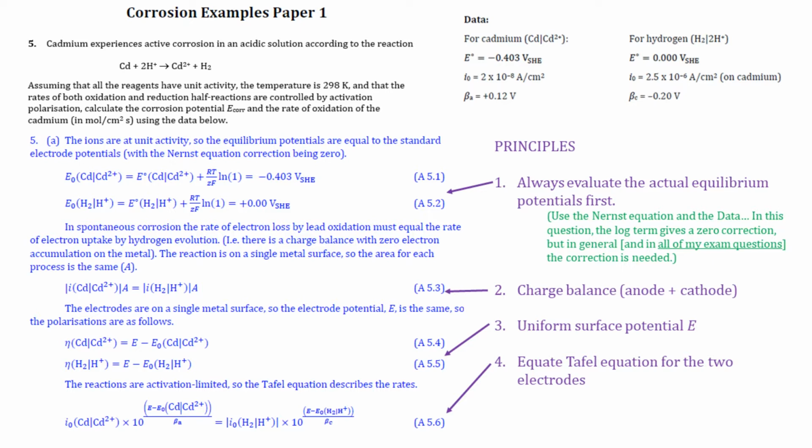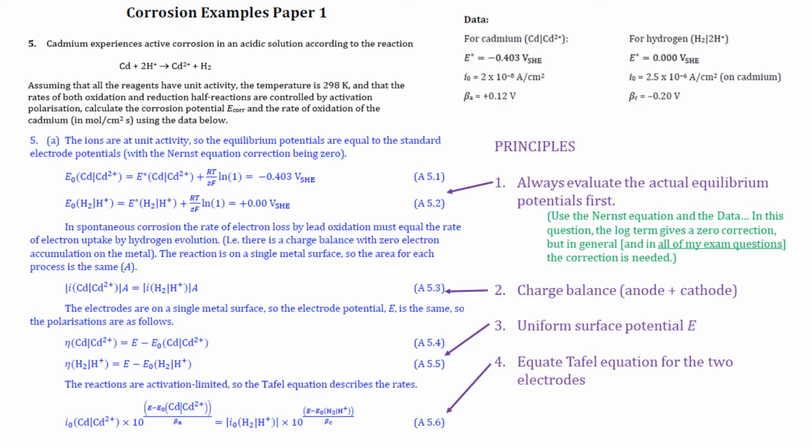In equation A5.3, we note that charge balance applies in spontaneous corrosion, so the anode current is equal to the cathode current. In fact, in this case, we have reaction on a single metal surface, so the area is the same for both processes, so the current densities are just straightforwardly the same.